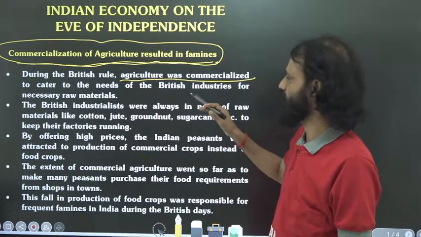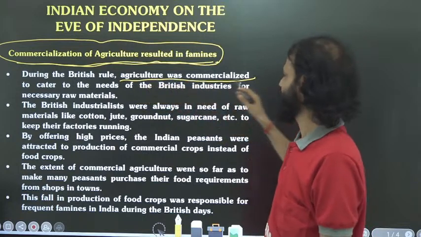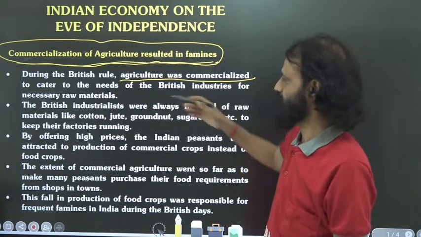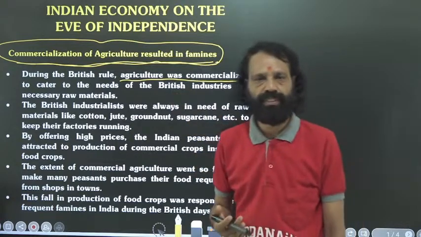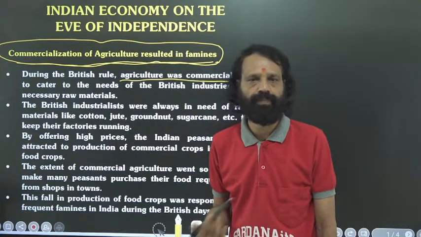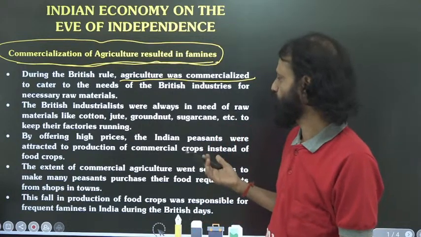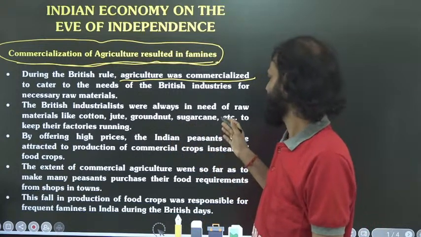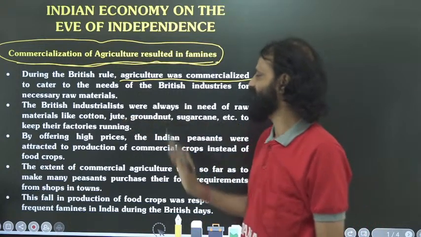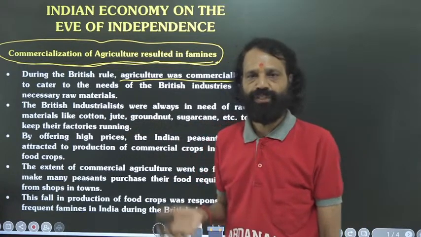I trust you understood it. Agriculture was commercialized during the British period in India. So Britishers were forcing our farmers, peasants or tenants to produce more cotton, jute, groundnut, sugarcane, etc., mainly the raw materials for finished products.